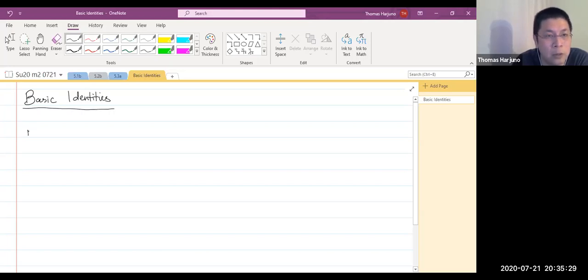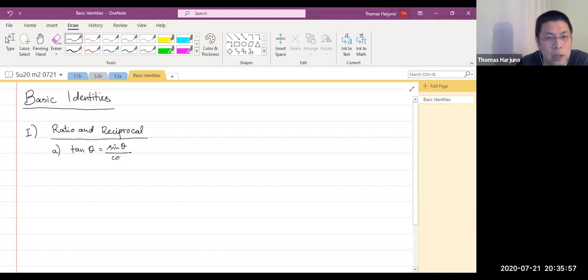The first one is ratio and reciprocal identities. First one, tangent theta is equal to sine theta over cosine theta.